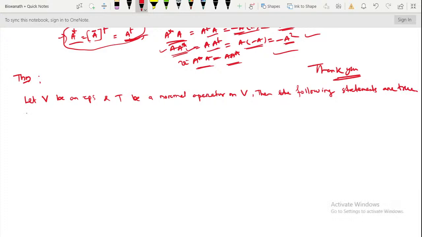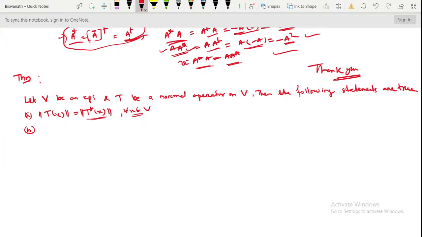Okay. So what are the following statements? In the first part, it is given that norm Tx will be norm T star x for all x belongs to V. This is part A. So whatever may be the x belongs to V, the norm of Tx is equal to the norm of T star x.